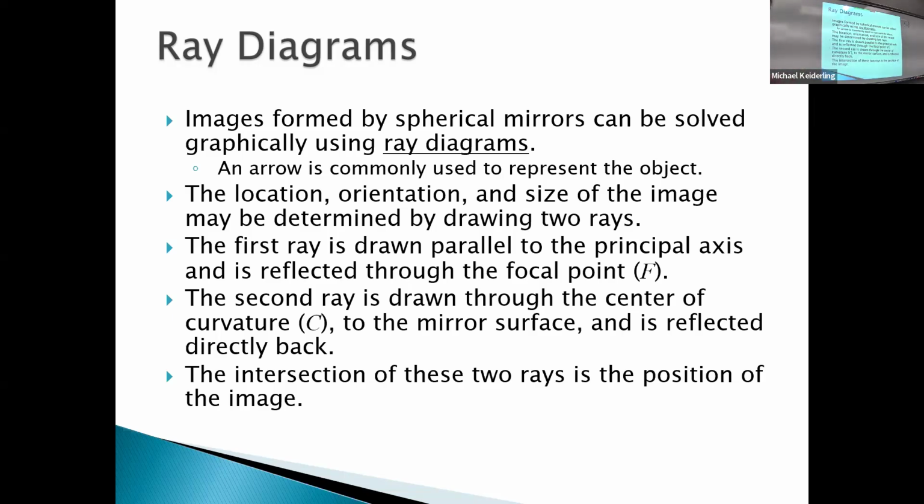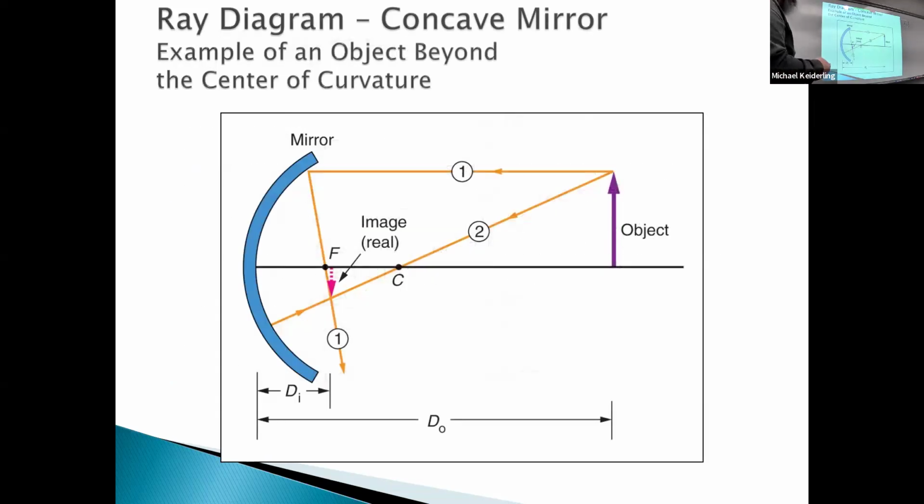And the intersection of these two rays is the position of the image. As you can see here, we have an object, we draw a line parallel, it goes through the focal point. We also draw a line through the center of curvature, which bounces back, and the intersection of those two rays is here, and that's where the image forms.